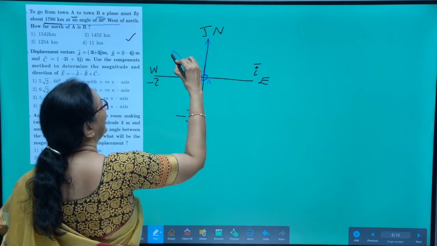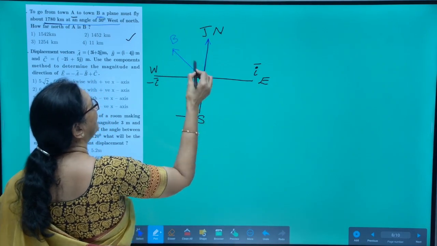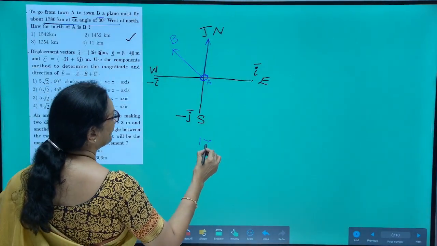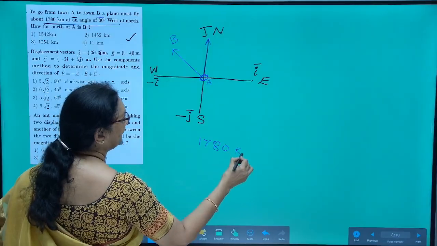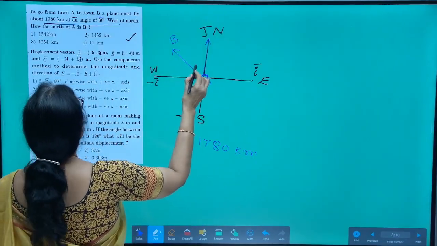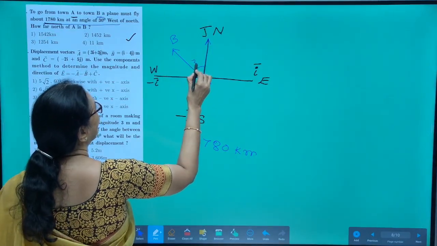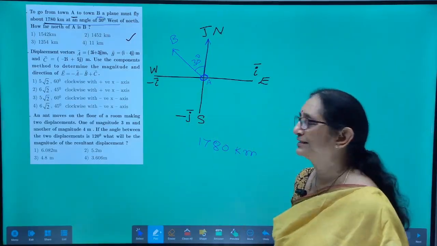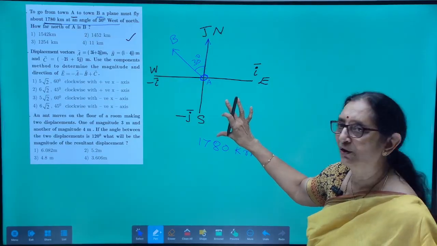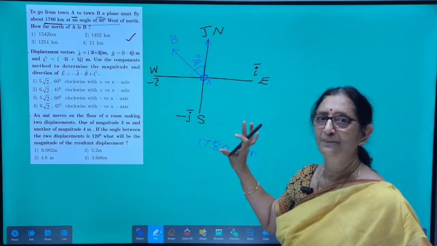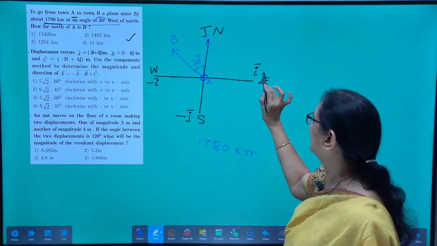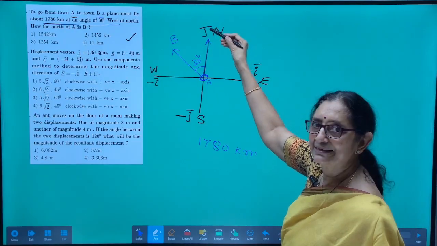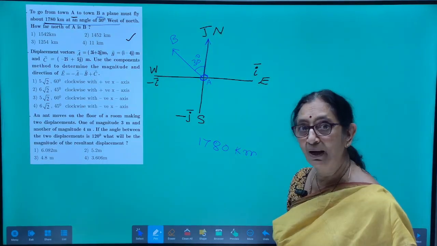So, to reach town B from town A, the plane has to fly a distance of 1780 kilometers at an angle 30 degrees west of north. So, understand that concept clearly. Here, as I told you already, sign convention is the most important thing. East is represented as i bar, west minus i bar, north is j bar, south will be minus j bar.